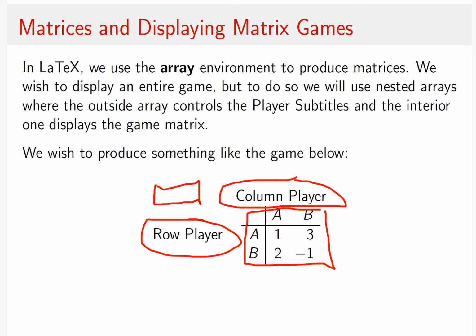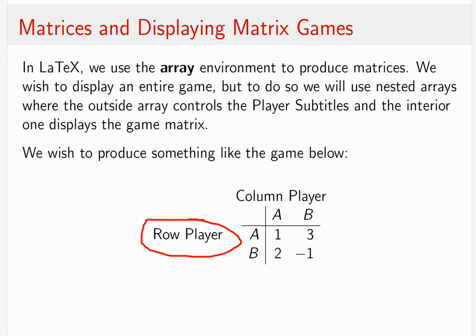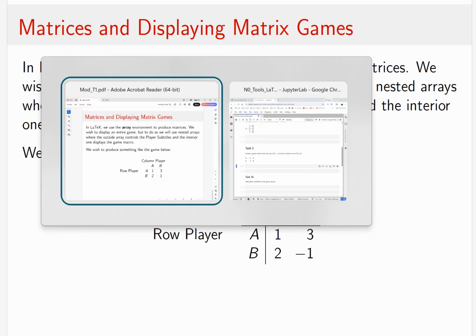And then inside the 2 by 2 array, I have in the bottom right the matrix game array. But notice that I have my strategies listed as A and B, and I have these vertical lines. So I was showing you a little bit about that. Let's continue with that. Let's get our matrix game with the A's and the B's in it and the vertical lines. So let's jump back into our notebook.